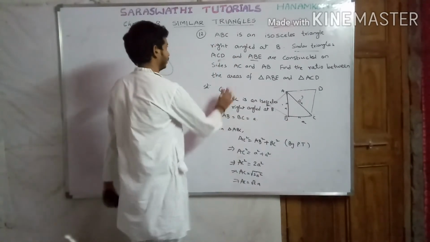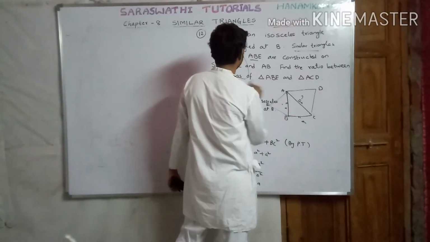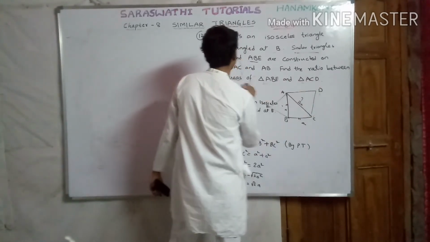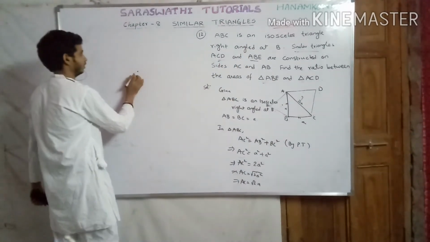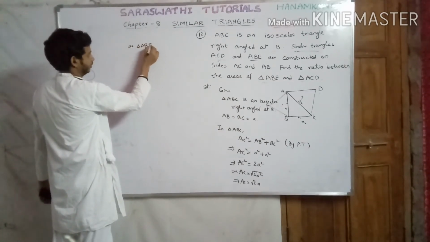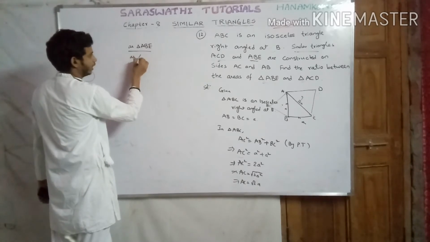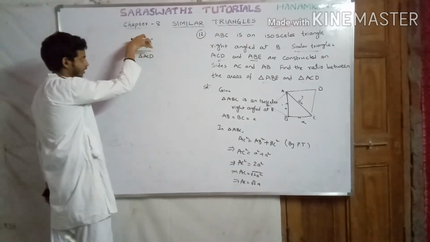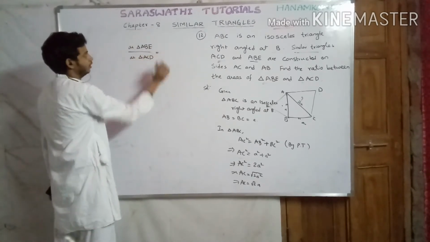It is required to find the ratio between the areas of triangle ABE and triangle ACD. So it is the area of triangle ABE by the area of triangle ACD.